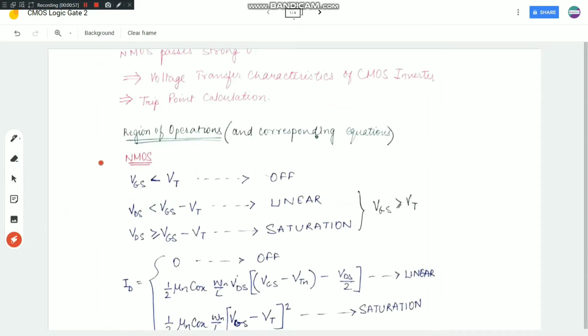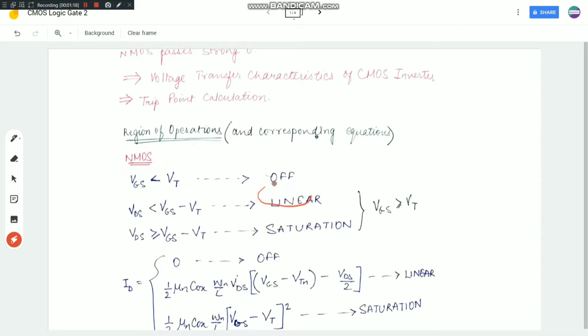First, a very quick review of the regions of operation. I expect that you know these things in greater detail, but still, for the benefit of this short video, I'll tell you the regions of operation. For NMOS, to keep the device in the off state, VGS should be less than VT.